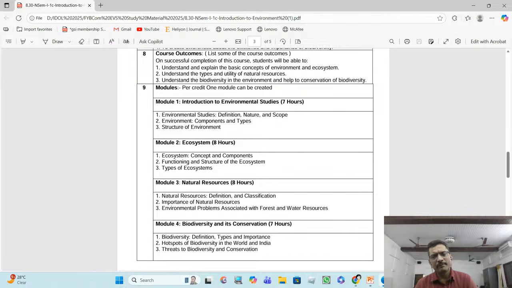Similarly, we will talk about degradation of water resources, both qualitative and quantitative degradation, and various factors causing degradation of water resources globally. Also, we will look at some important measures to control the environmental problems associated with both forest resources and water resources.